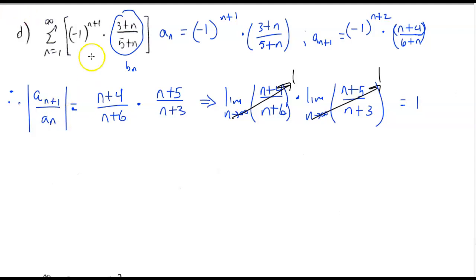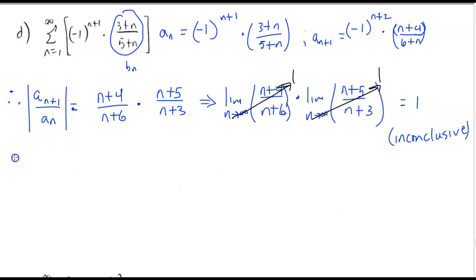So we are going to have to use the alternating series test again to determine whether this is going to be conditionally convergent or not. So to do that, of course, we look at our 3 plus n divided by 5 plus n, which we're calling our b sub n here, and we need to list out those values to see what it looks like.